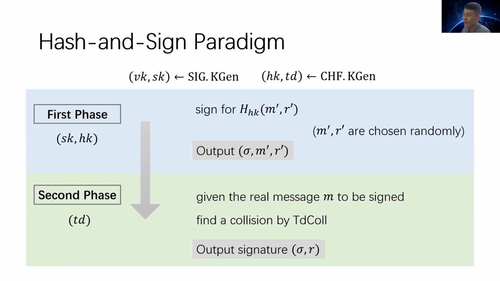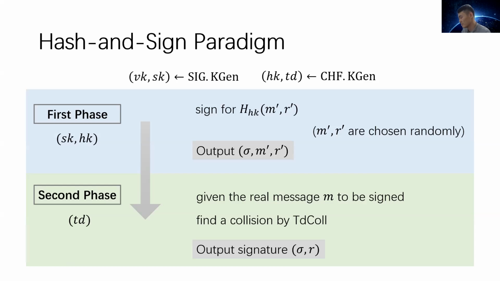Next, in the second phase, given the real message M to be signed, a collision is found with the help of the trapdoor, and the final signature is sigma, R. Which party generates and keeps HK-TD depends on the needs of applications. With the help of tightly MUCR secure Chameleon hash functions, we can get tightly secure online-offline signatures, Chameleon signatures, and proxy signature systems.